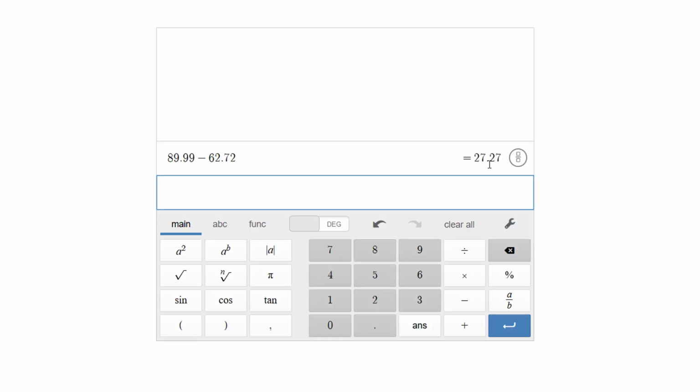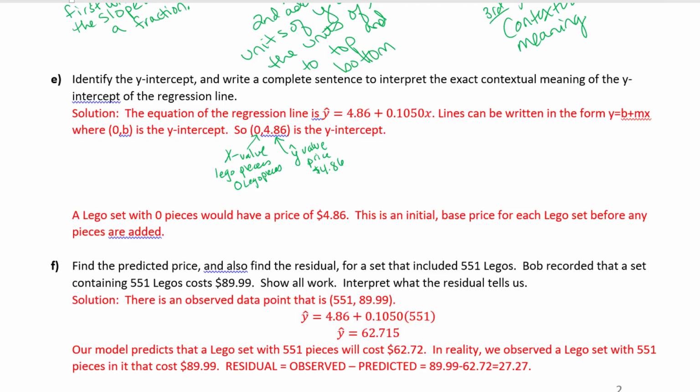If you subtract them, you get $27.27. Notice the observed value was actually higher than the predicted value. The predicted value was an underestimate. Our residual is positive, meaning our observed value was higher than our predicted value. The model was underestimating reality.